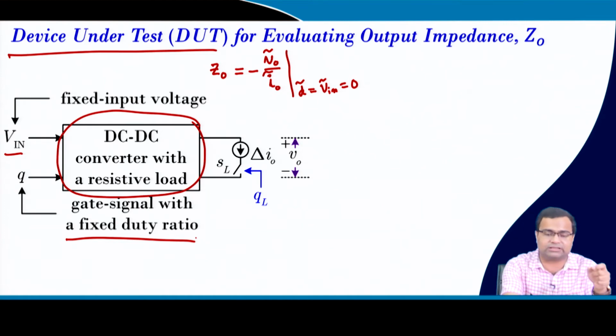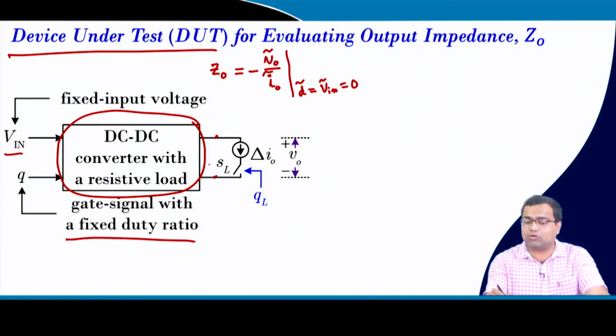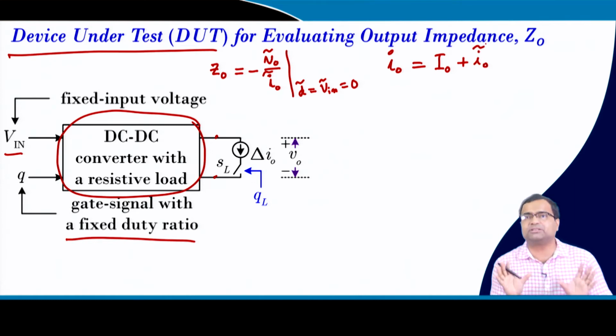Only the terminal voltage, the terminal points, will be available. So, we can connect an external sinking load and slowly change the load by a sinusoidal excitation, do a frequency sweep, and then measure the output voltage, peak to peak AC. The load current will have a constant component, and on top of that a perturbation load current, which will be a sinusoidal excitation.